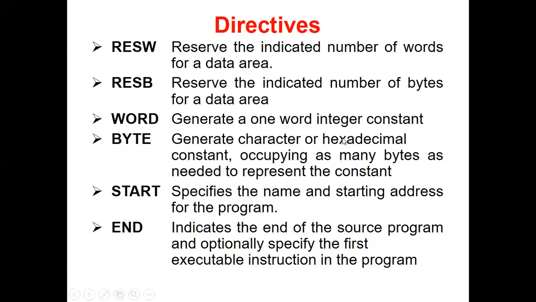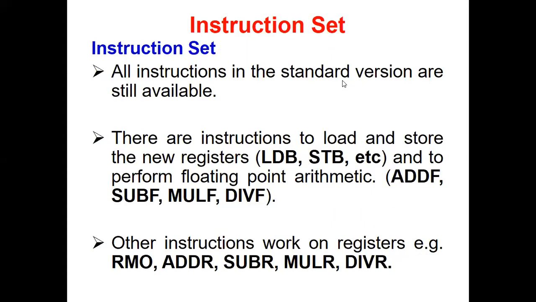Since we have got more registers, it means we also have more instructions. So an instruction like load register B, store register B, add the float, subtract the float, multiply float, divide the float. So these instructions exist in the extended version.